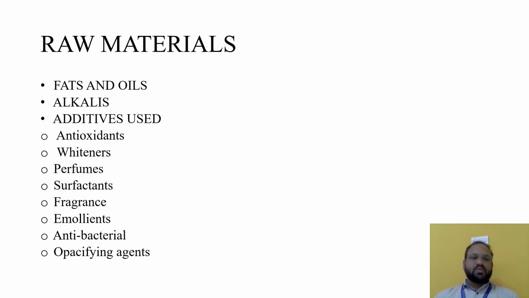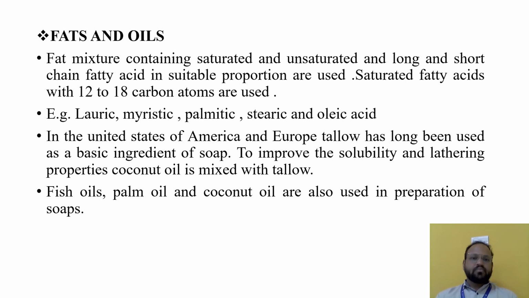So raw materials used are fats and oils, alkalis, and other additives. Some of the additives are antioxidants, whiteners, perfumes, surfactants, fragrances, emollients, antibacterial agents, and opacifying agents. So fats and oils: a fat mixture containing saturated and unsaturated and long and short chain fatty acids in suitable proportion is used.